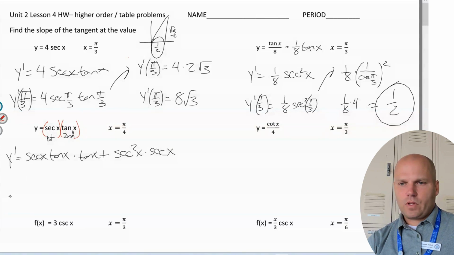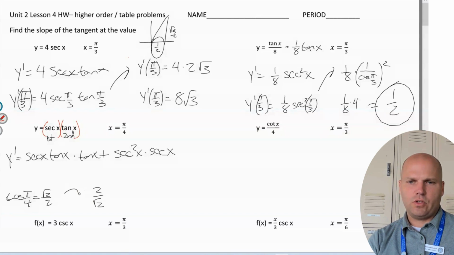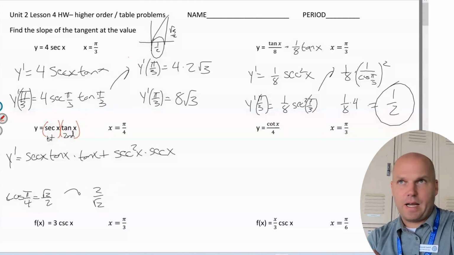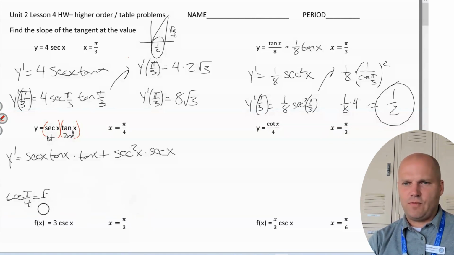So the cosine of pi over 4 is root 2 over 2. If I flip that, I get 2 over root 2, which is actually just root 2. Multiply the top and bottom by root 2 over root 2. You get 2 root 2 over 2, which is root 2. So all that to say that you need to figure out that the secant of pi over 4 is root 2.